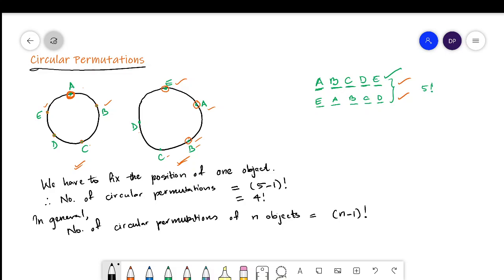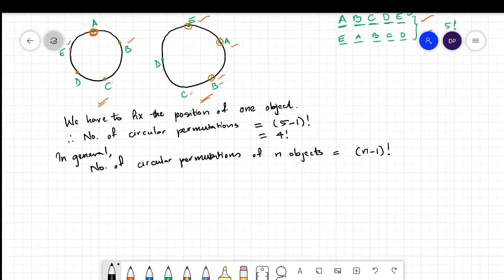Now when we say the number of circular permutations of n objects is equal to (n minus 1) factorial ways, again, there are two different cases when it comes to circular permutations. Let us discuss these cases one by one.